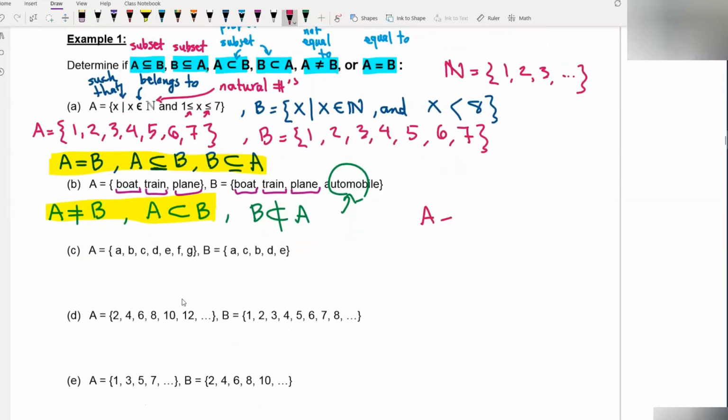If we had equal to, and if we had this part, the answer would be A is a proper subset of B. If you had that as an answer, clearly we can see that we don't have equal to, so it's not equal to B. But here it's asking which one applies to each one of these. Because of that, we're writing all of them.